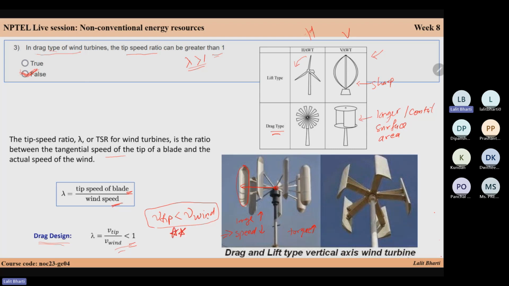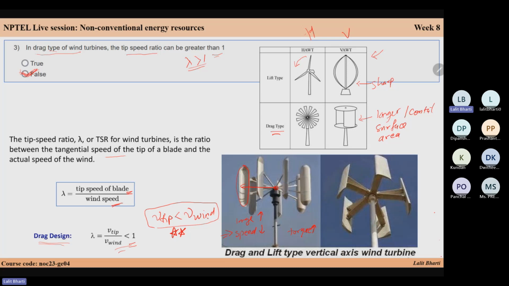If we have high lambda values, or tip speed ratio values near to 1, that will be called a very good design. And if we have lambda values very much less than 1, then the design is not preferred that much. So we want high TSR values.